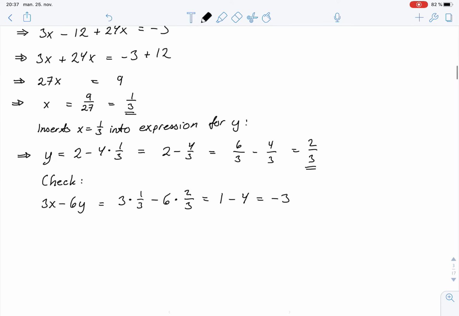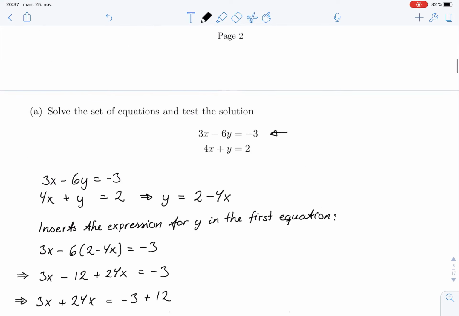So this is okay. And in the second one, which we also need to check, we had 4x plus y, so we get 4 times 1/3 plus 2/3. So we get 2, and that's also what we had in that equation.